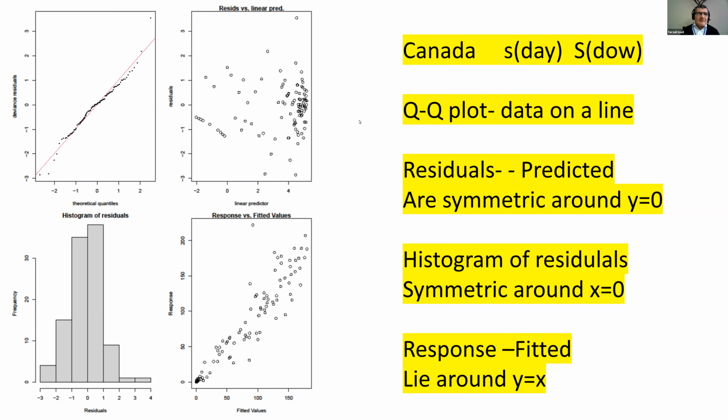The histogram should be symmetric with respect to x equal to 0, which almost is the case. On the bottom right is the response against fitted, and it is almost symmetric around the y equal to x line. From this point of view, we say that the model is fitted very well.